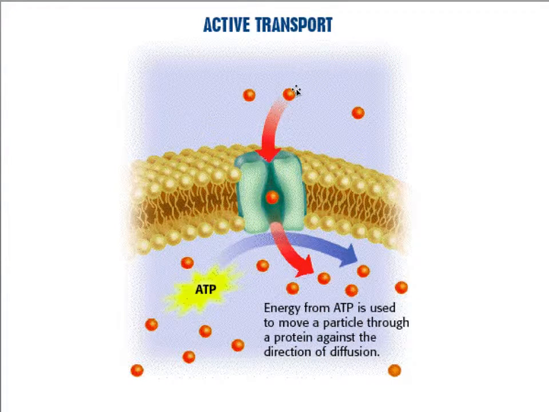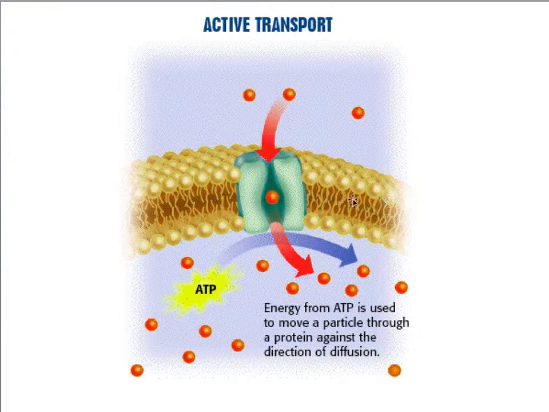But the cell wants to pump these particles into the higher concentration, from low to high. So ATP, or cellular energy, is going to be used by this carrier protein to pump the particles from low to high concentration.